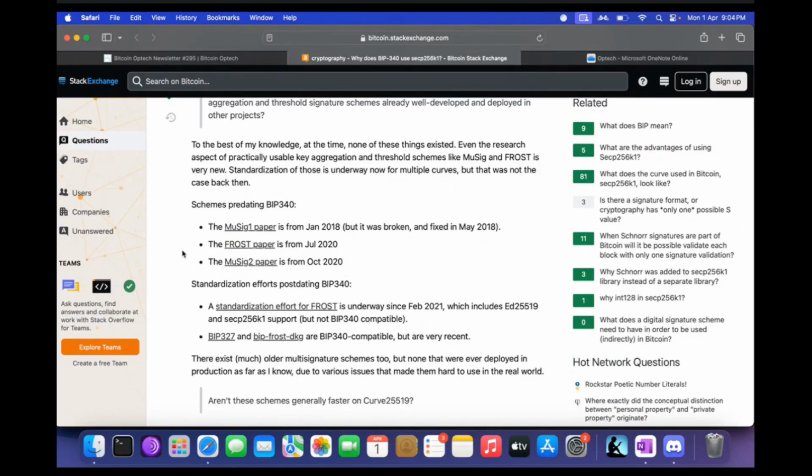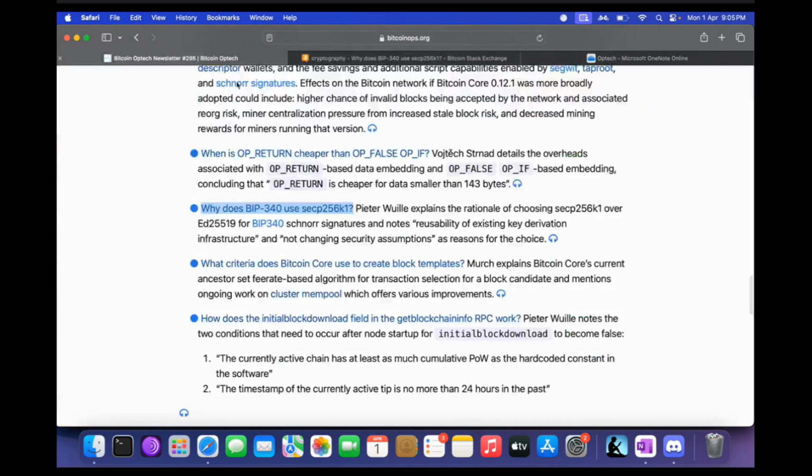So these were even before BIP 340. That is why the most popular, contemporary key derivation mechanism was ECDSA, and that is why BIP 340 or Schnorr signatures also stuck to secp256k1, which is the curve that ECDSA uses for public key derivation.